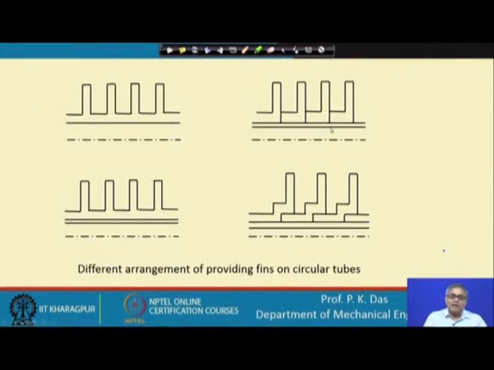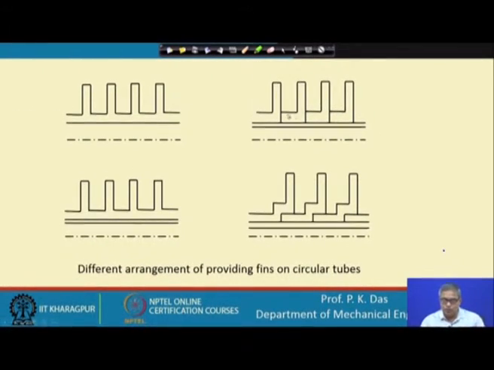Generally, to make the fins thinner and very effective in heat transfer, what do we have to do? We have to use high thermal conductivity material, and the cost of that kind of material will be large.